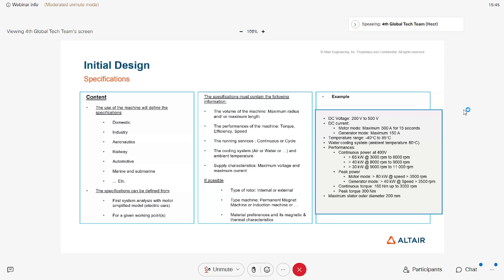And of course, if we already have in our company some motors for some dedicated application, we can reuse them, make a scale, and then work on them. It's easier for us to start from an existing motor than starting from scratch.